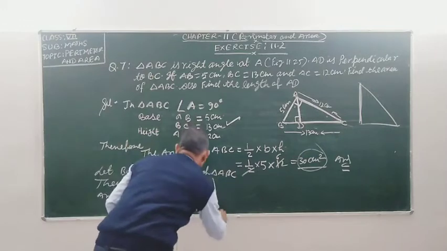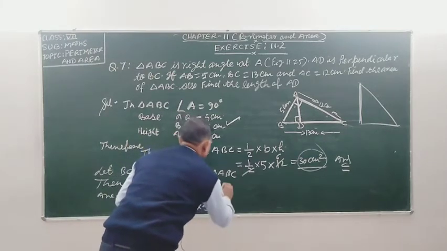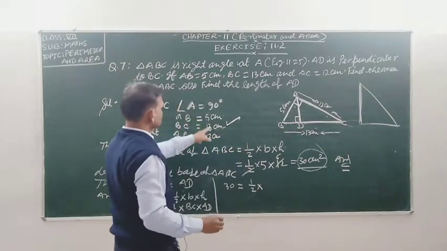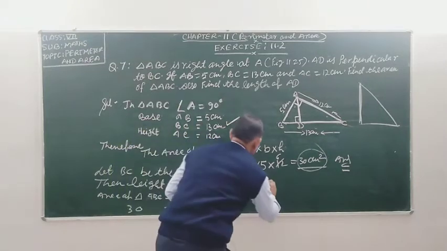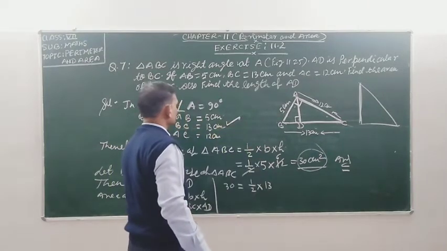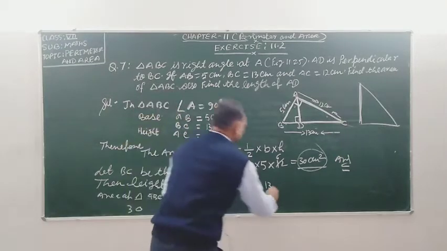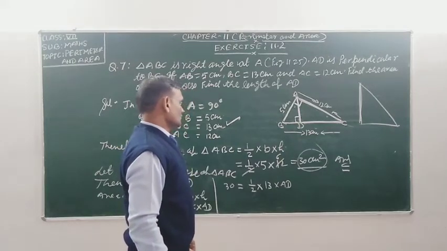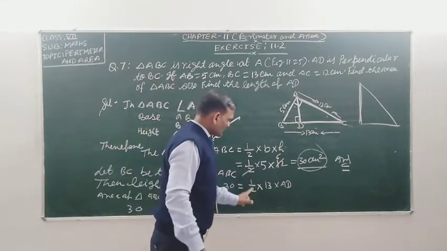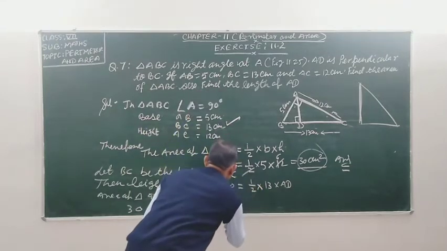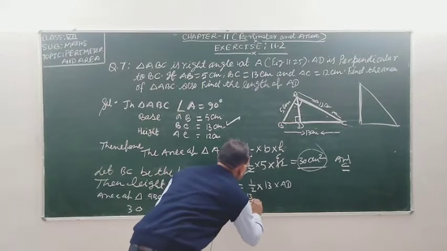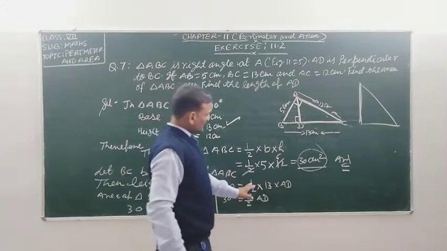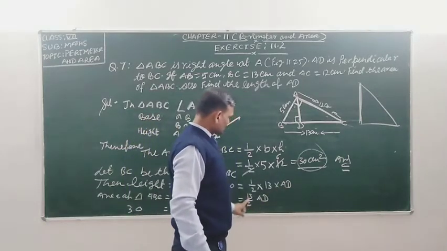So you can write 30 is equal to 1/2 into base 13 centimeter, and height is AD. When you multiply 1/2 into 13, you will get 30 is equal to 13/2 AD, because we are multiplying all terms together.